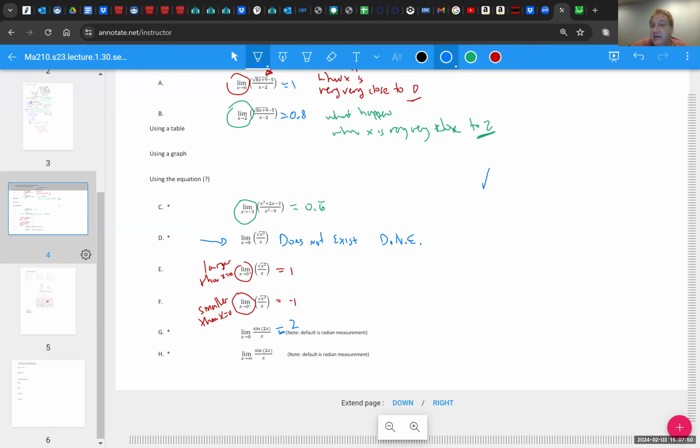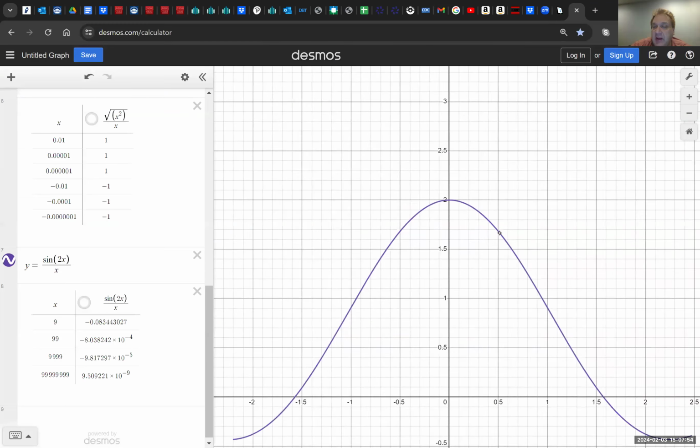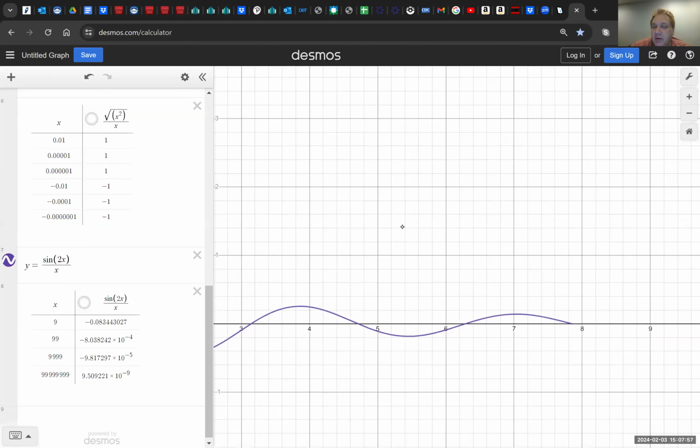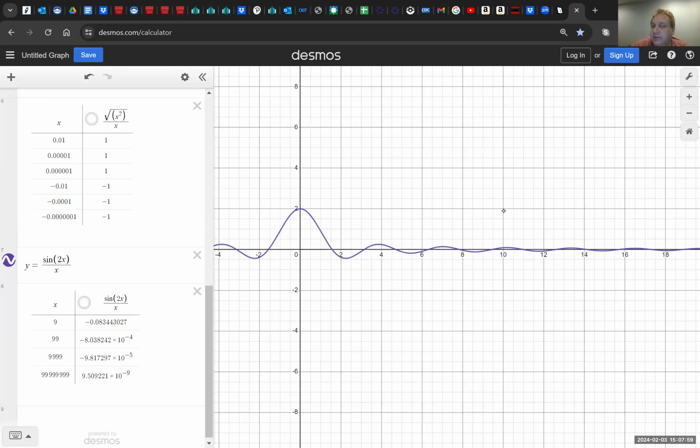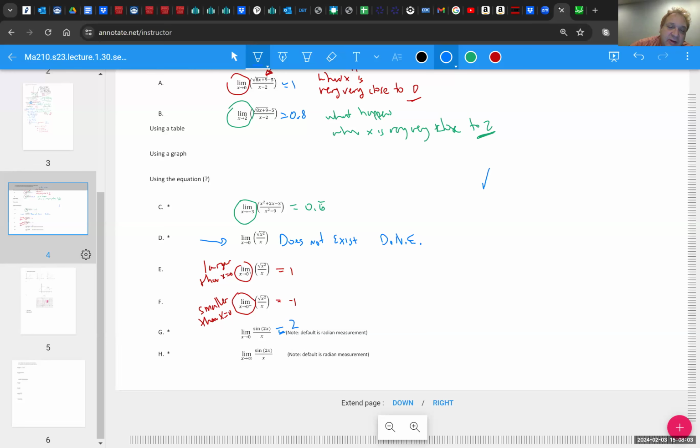And when we looked at infinity, when x was getting larger and larger, we got the y value getting closer and closer to 0. I neglected to write down the answers to g and h. I just said them orally.